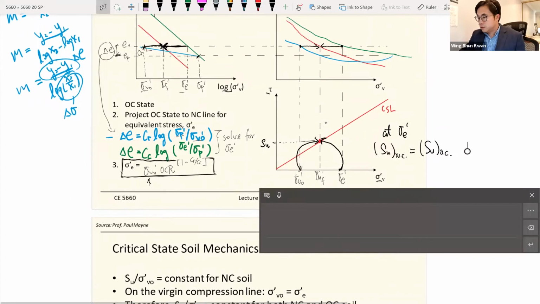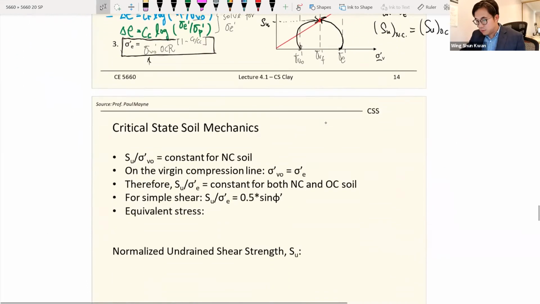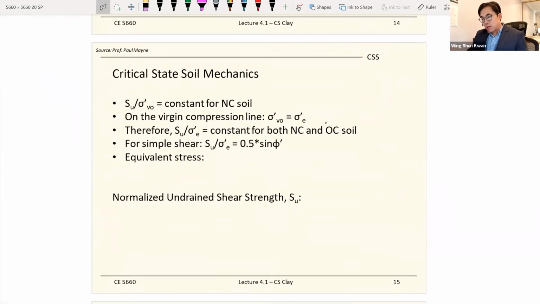Okay, so moving on. In summary of critical state soil mechanics, the ratio of the undrained shear strength over the vertical effective stress is a constant for normally consolidated soil. This is also true for Chansap. We have done homework number 4 on that, which I'm about to start grading.